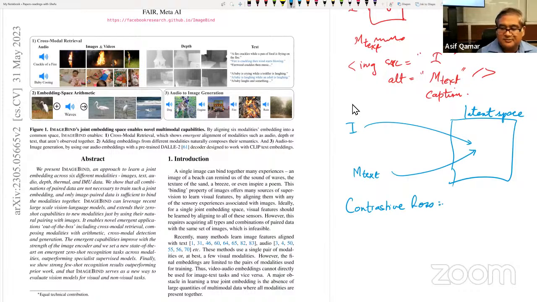The basic idea is that the loss is the distance between an image and its relevant text, or actual caption, and something random. You want to minimize this distance and maximize, therefore with a minus sign, the distance from image to random.